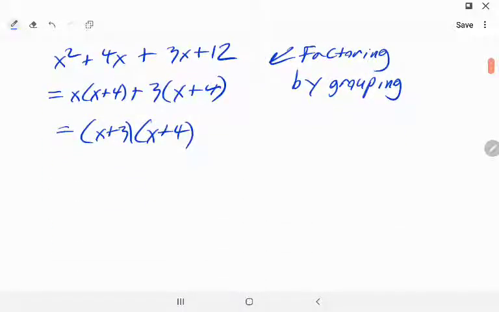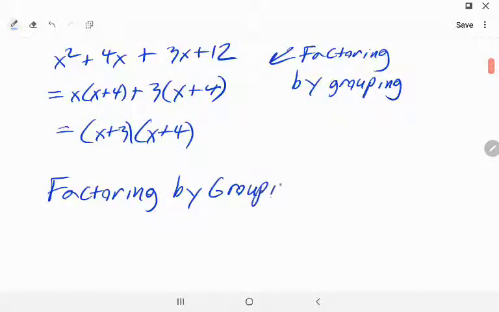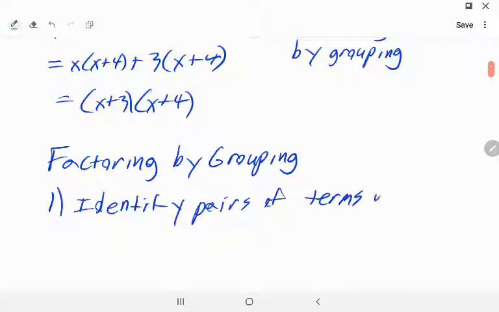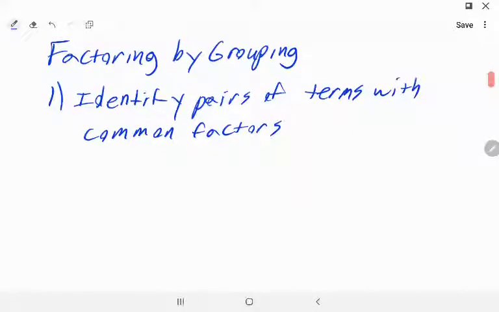The idea in general for factoring by grouping is to first identify pairs of terms that have common factors, then we factor using greatest common factor.